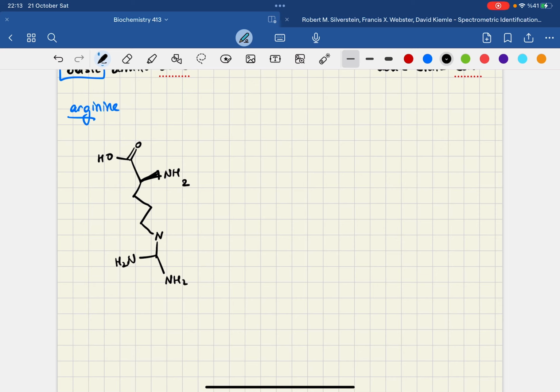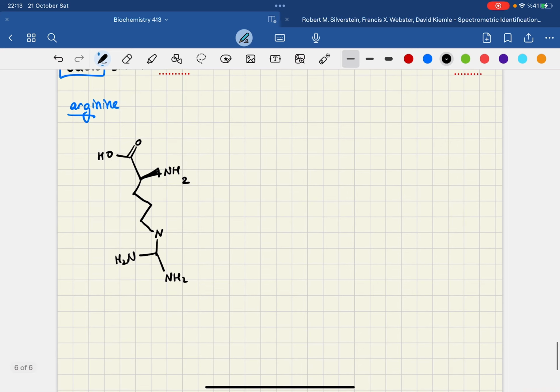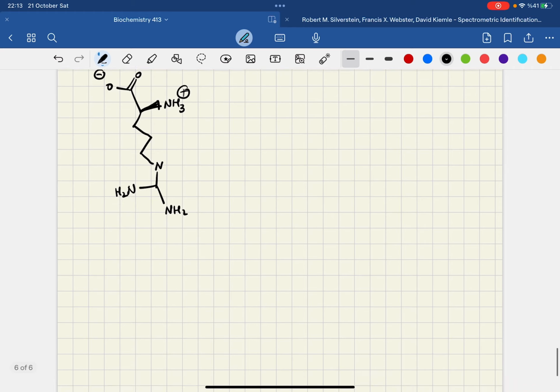Okay, and as we notice here, this one will actually go away, and we will have this one positively charged, this one negatively charged.